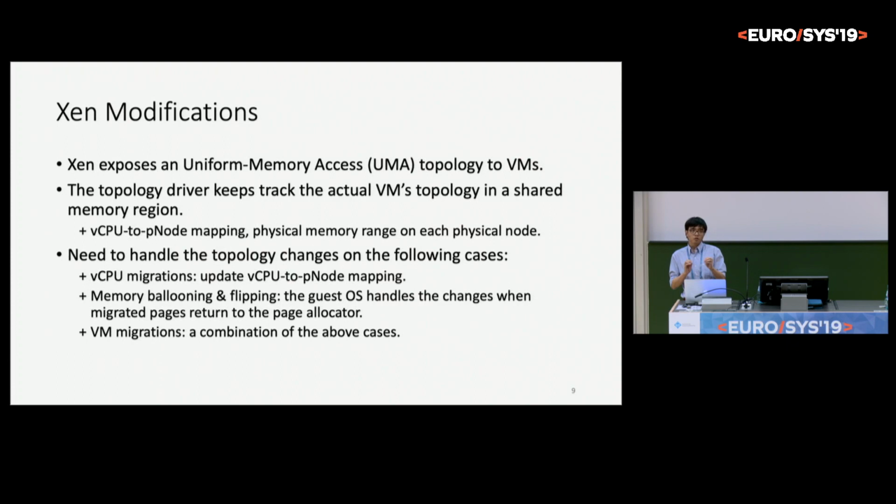Essentially, we need to intercept mainly the VCPU load balancer to update the VCPU to physical node mapping when there is VCPU migration to a different NUMA node. Regarding memory migration, it is the guest OS. The guest OS will handle the changes when migrated by the buddy allocator. We'll talk about that later.